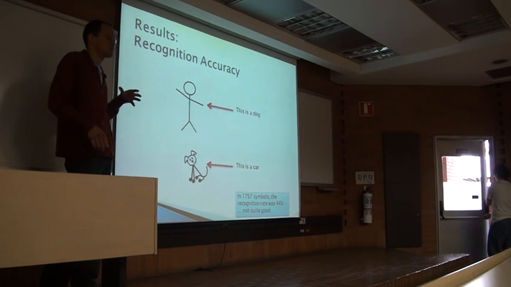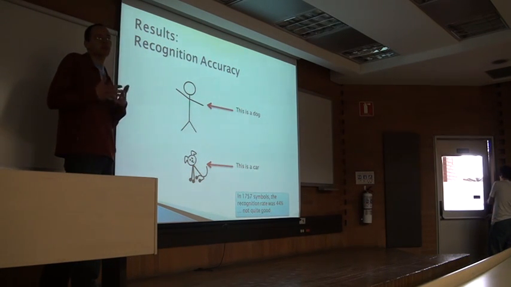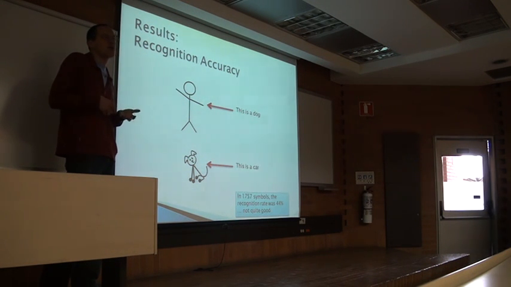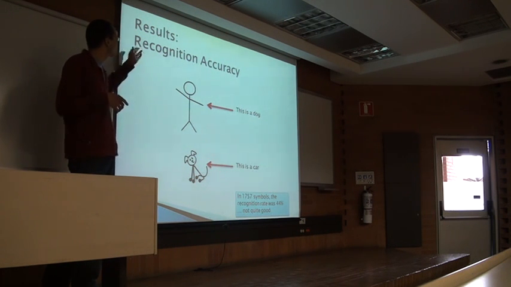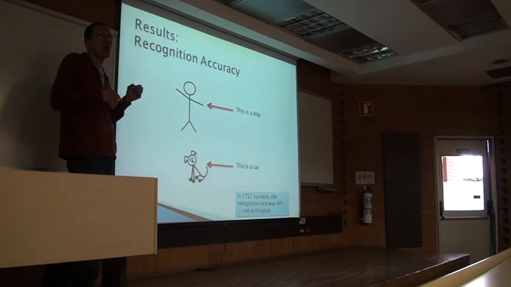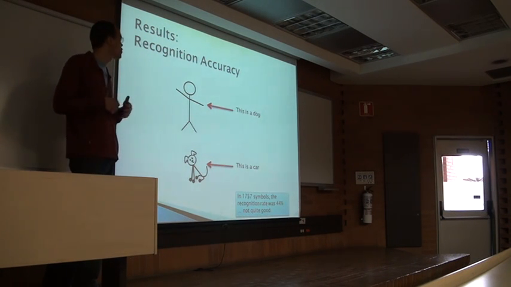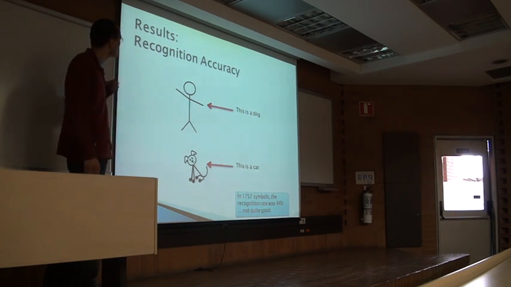For example, we asked some children to make drawings, and we looked at the recognition accuracy on those drawings, and also the expressivity that the children show when making those drawings.